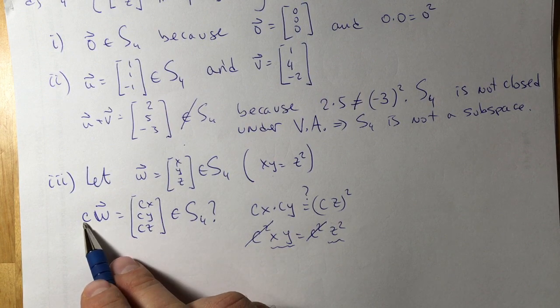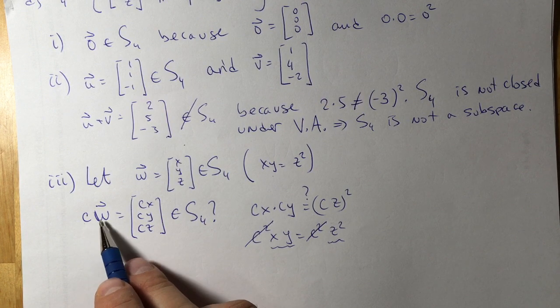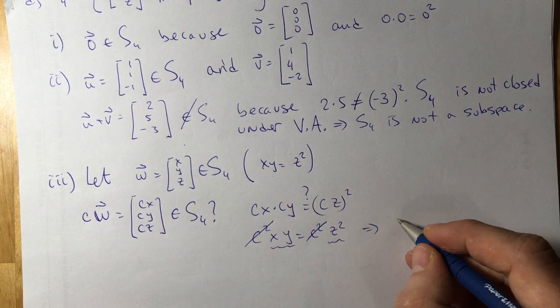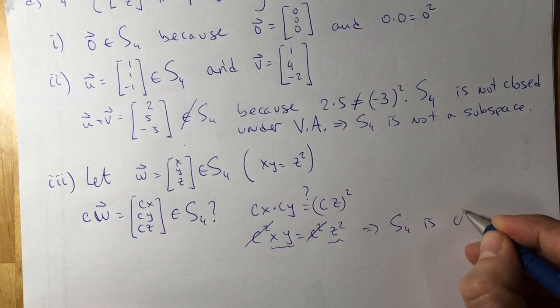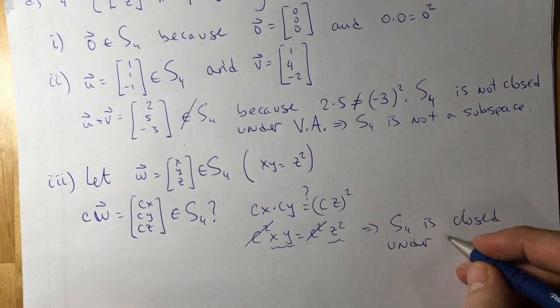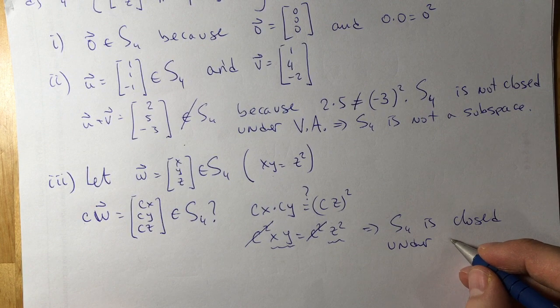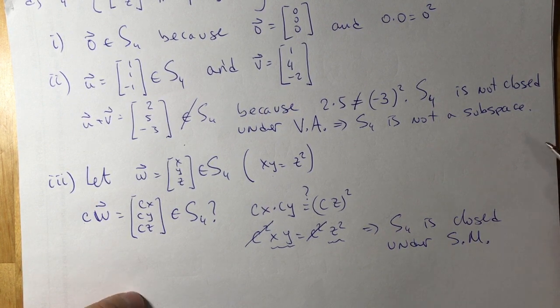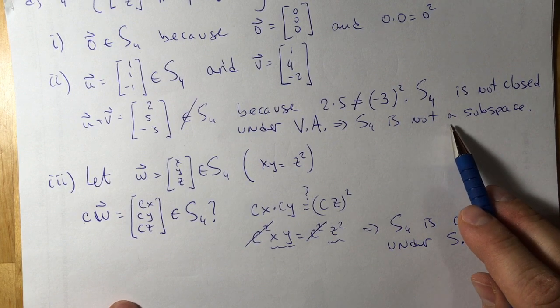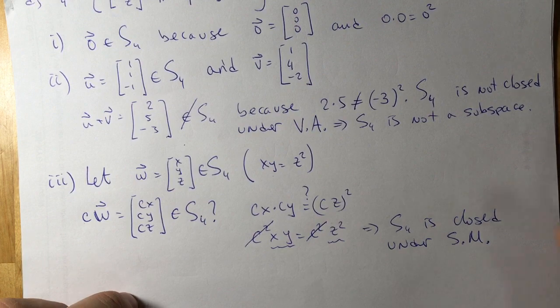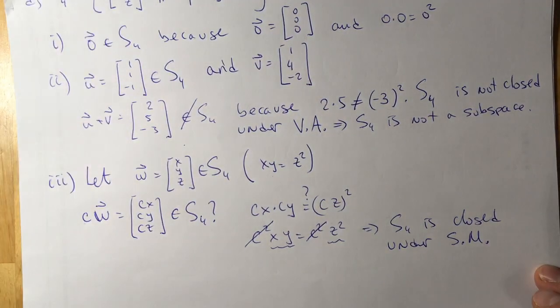So indeed, any constant, any real number times w stays in S4, which implies that S4 is closed under scalar multiplication. That doesn't change the fact that S4 is not a subspace. It just means that S4 is closed under scalar multiplication.